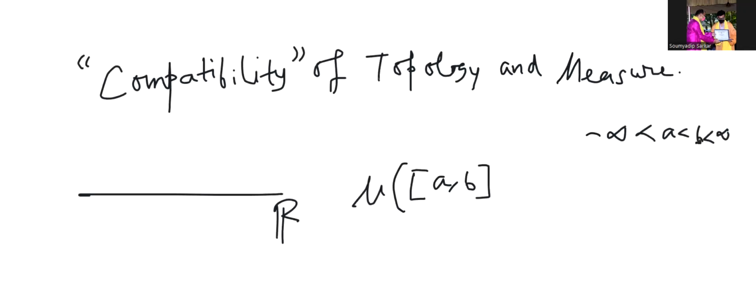I'm not saying a and b are infinite; they are two finite numbers, and I look at the closed interval a comma b. Then what is the standard Lebesgue measure of this interval? That is just b minus a, right? So what we call the length of this interval is b minus a. And obviously, this is finite, right?